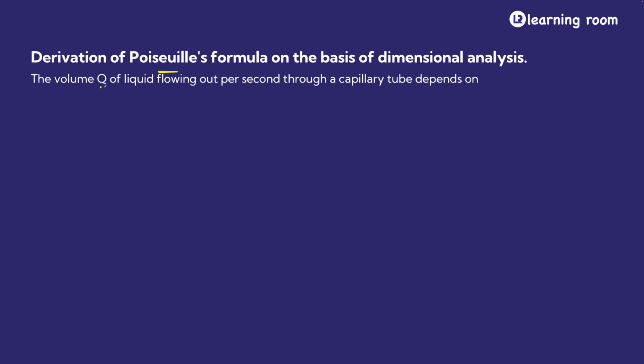So the volume Q of the liquid flowing out per second, actually this is volume V. Okay, the volume V of liquid flowing out per second through the capillary tube. What did I say volume flowing per unit time is? It is Q. What is it? It depends on, first, coefficient of viscosity eta of the liquid.